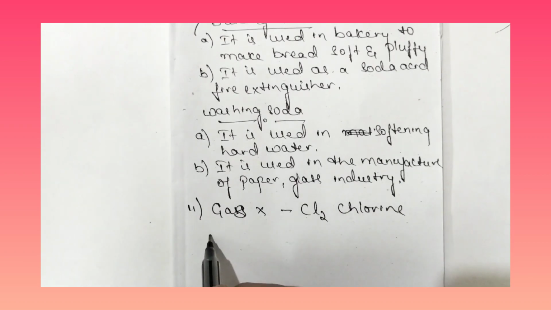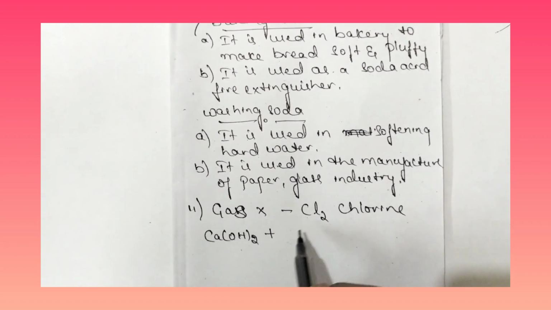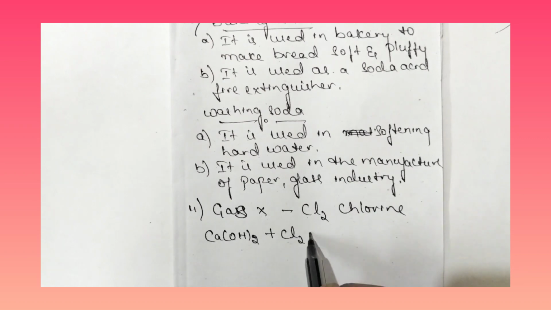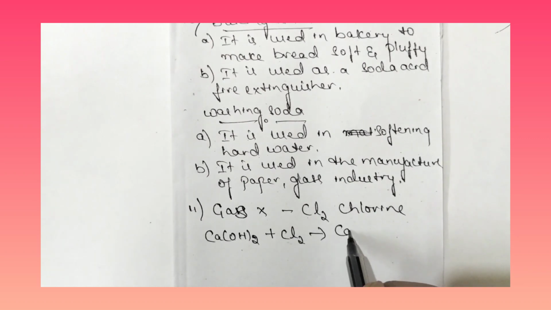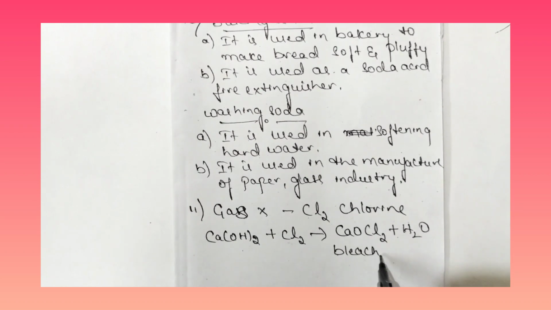And when this chlorine gas is passed through lime water, it forms calcium oxychloride, CaOCl2, plus water. This calcium oxychloride is the product, and it is called bleaching powder.